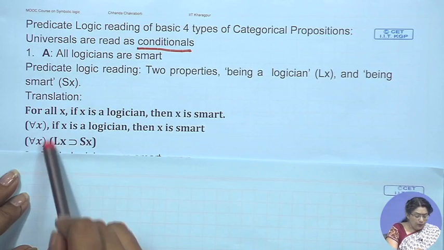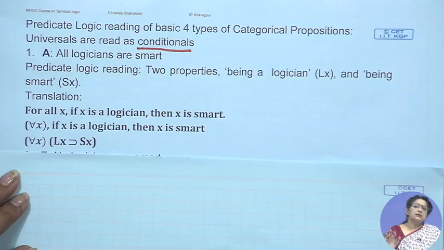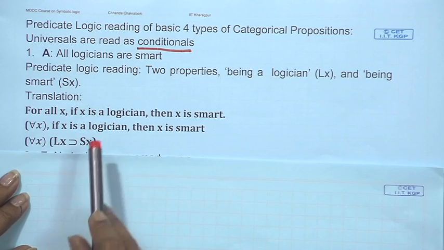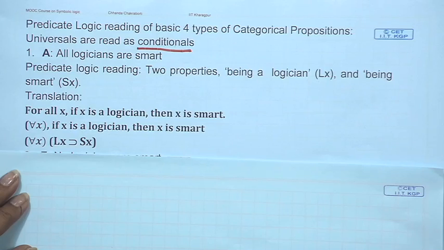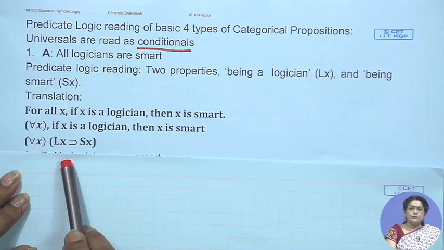Why we need the brackets, we will explain in the next module when we talk about the scope of a quantifier. But right now, take it that this is the translation in first order predicate logic of "All logicians are smart." I have taught you two things. One, that this is a categorical proposition, but we can capture it in our first order predicate logic.